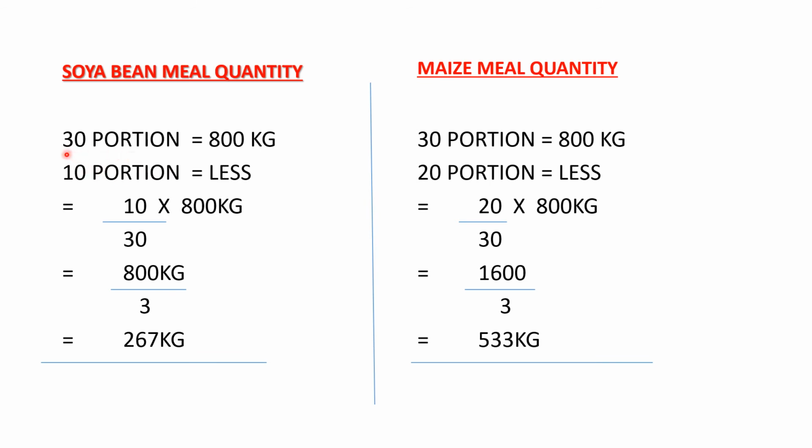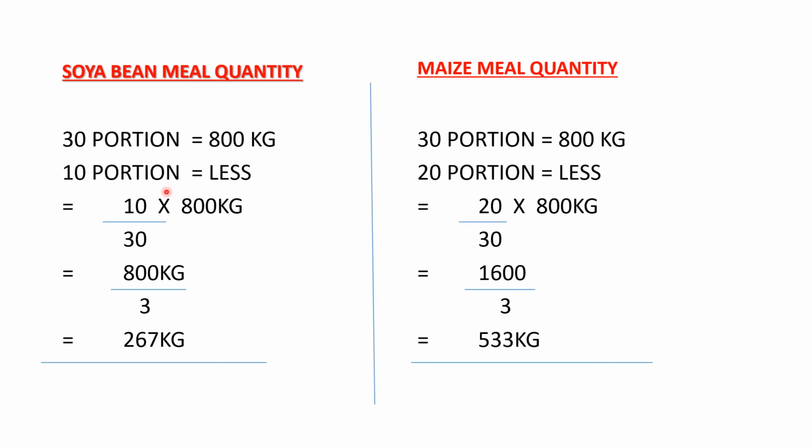Remember, the total of the two portions we have added will represent the 800 kg which we want to formulate. But from the 800 kg, part of the kg should come from soybean meal and part should come from maize meal.